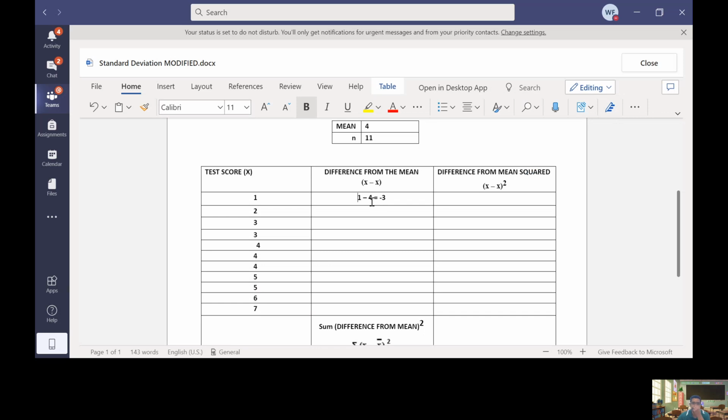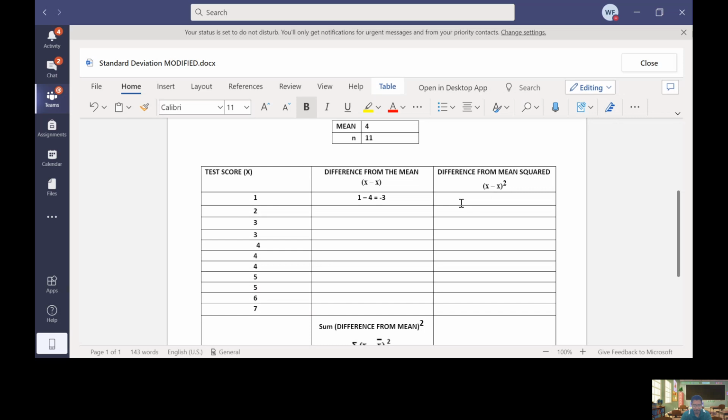All right. So the next thing is to calculate whatever's in this column right here. This column wants you to take the answer that you got here and square it. So you take -3.